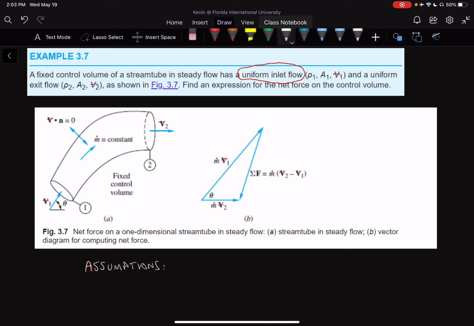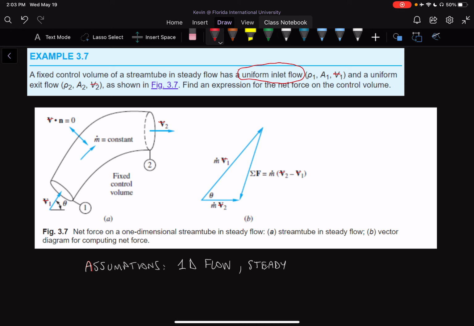We can assume that we have 1D flow. We're told we have uniform inlet flow, so we assume 1D flow. We also know that the flow is steady, which means that the flow is continual, and that means that there's no change within the control volume.